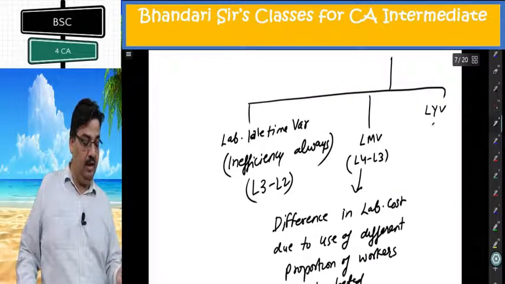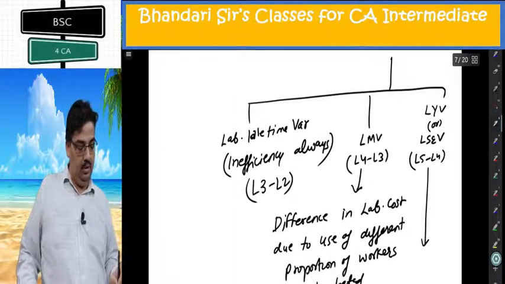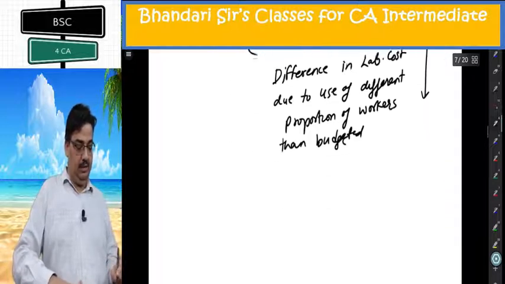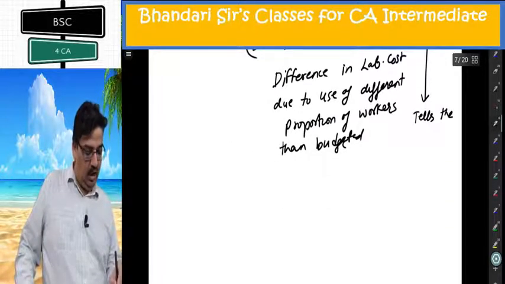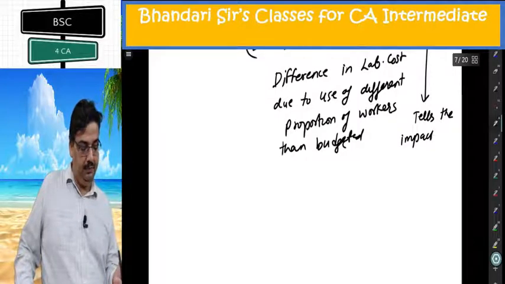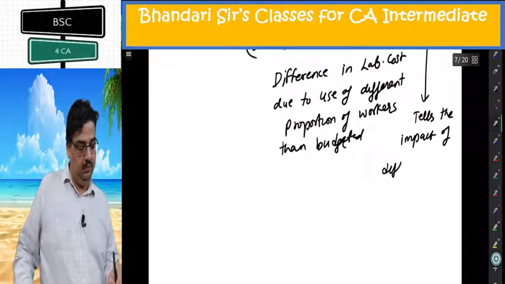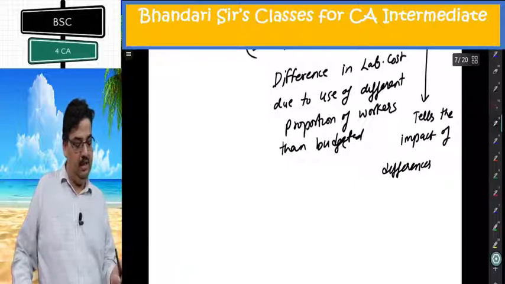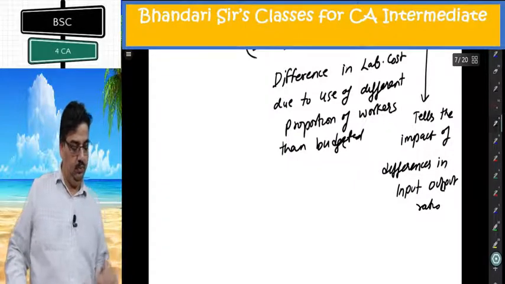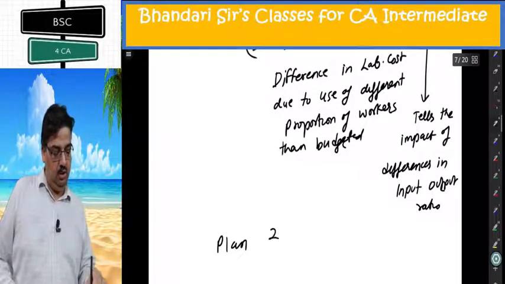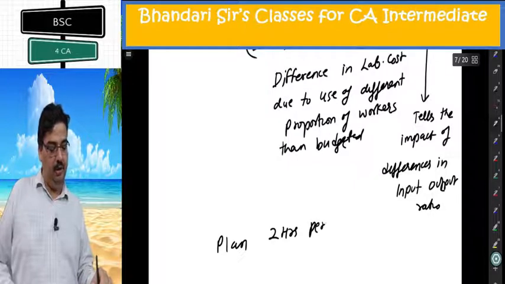Labor yield variance or labor sub-efficiency variance, L5 minus L4, it elaborates the impact of differences in input-output ratio. Plan was 2 hours per unit.